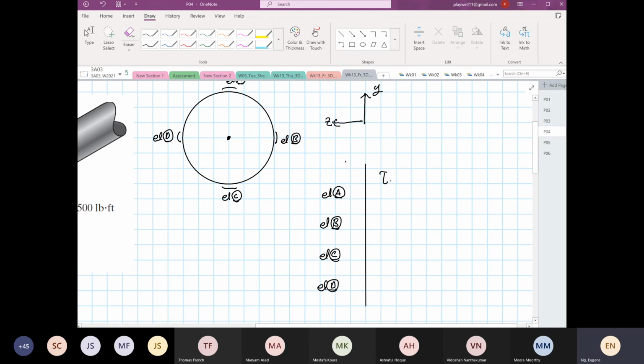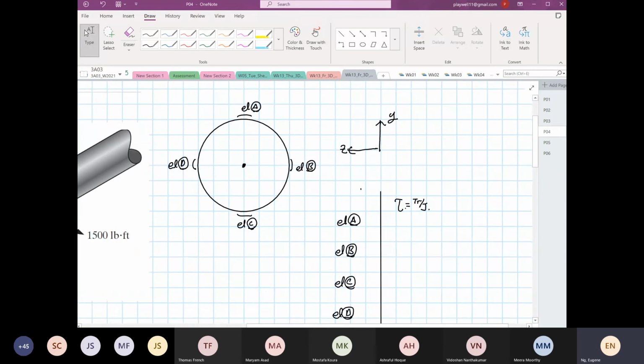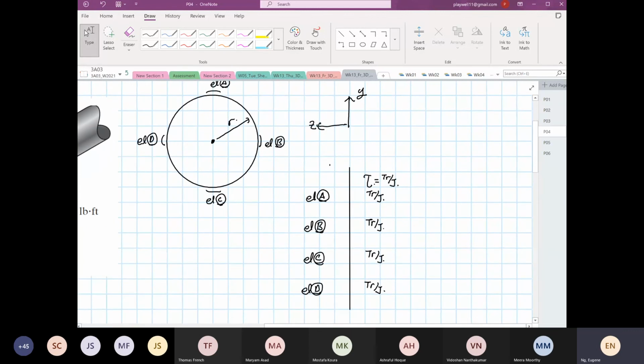The shear stress formula, we know, is equal to TR over J. So if we look at element A, B, C, and D, based on that formula in terms of torsion, the radius is all the same. So all of them will see the same magnitude of shear stress. So shear stress, no change. This is TR over J, TR over J, TR over J, TR over J.